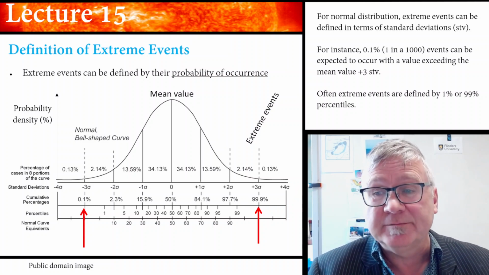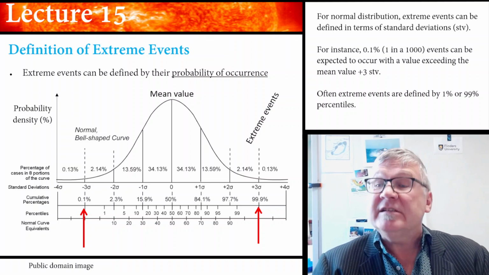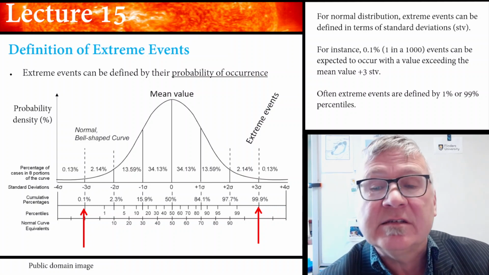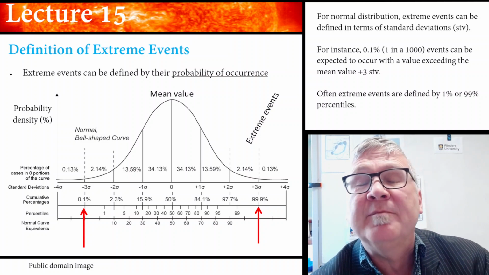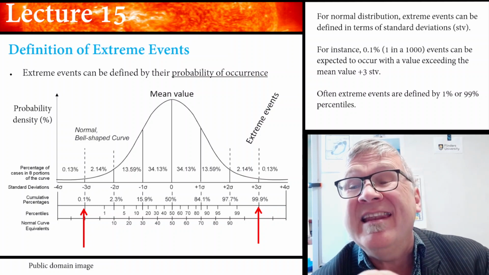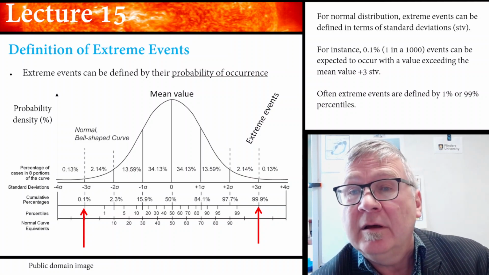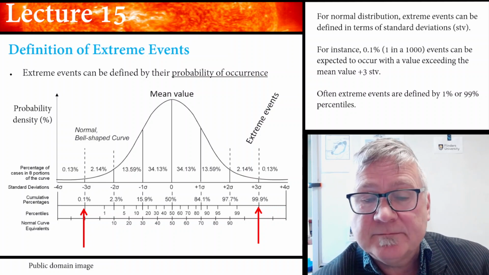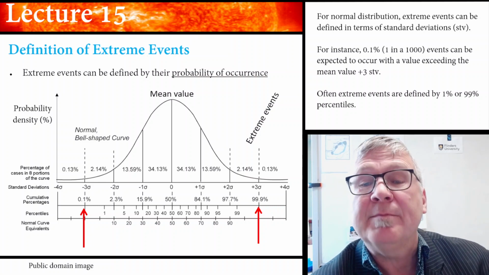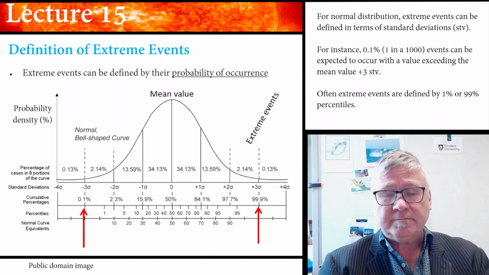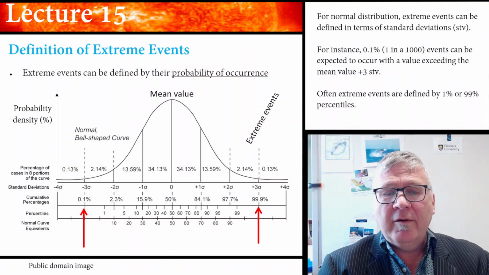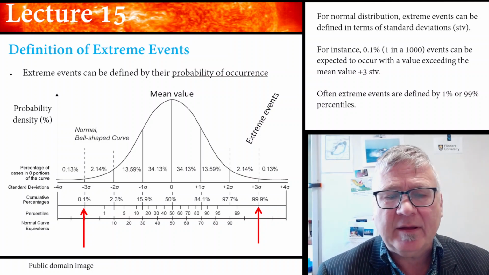And this is what we call percentiles. So often extreme events are defined by the 1% or 99% percentiles. So does that make sense? All right.